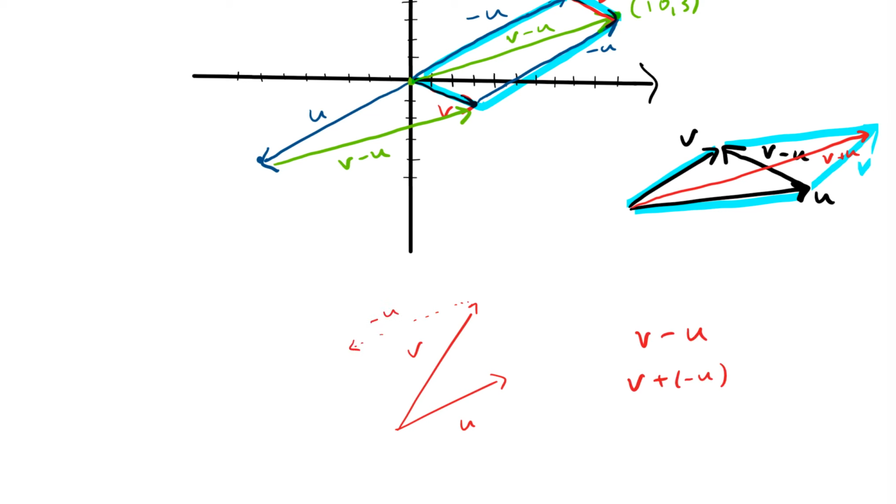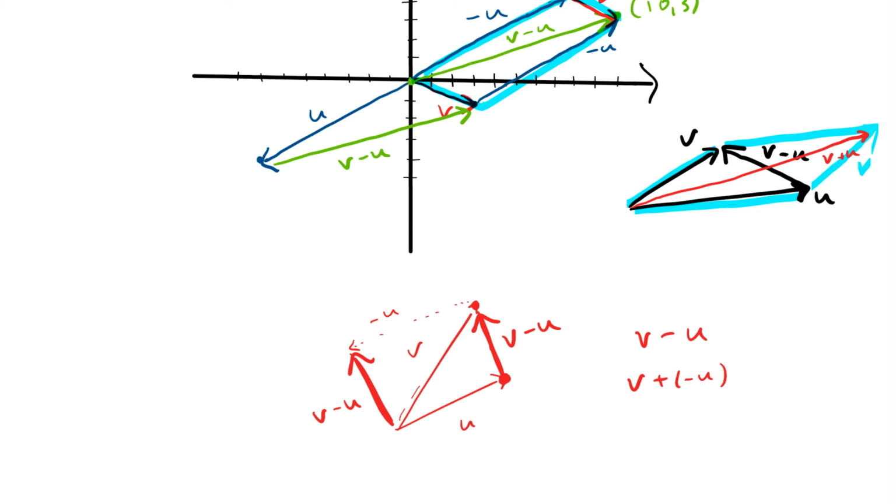So if I do v, I follow v and then minus u, I'm going to end up with this vector here. Now this vector is the same as this. That's the difference, so that must be the difference. So then you see that v minus u starts at the terminal point of u and ends at the terminal point of v.